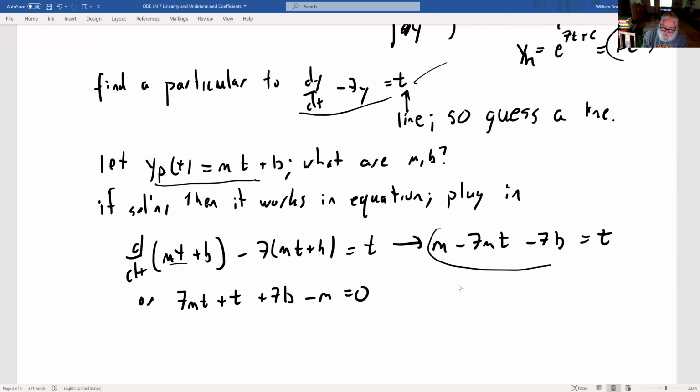So I moved all of this stuff over to this side, so it's on the same side as the t, and then I flipped it, so everything's on the left side. In any case, we get this.